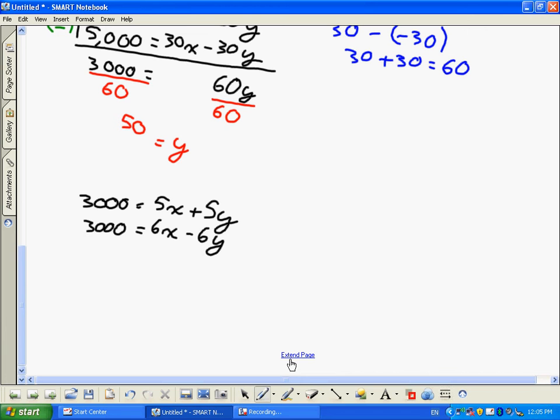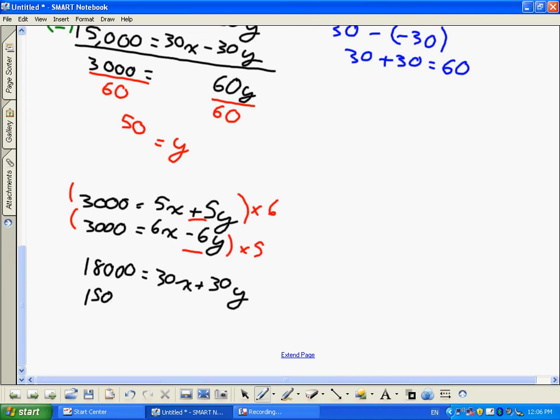We'll still get a coefficient in front of the y of 30. So once again, we multiply both equations by the same numbers. This one we're going to multiply by 6, this one by 5. Our new equations, which we already know from above, will be 18,000 equals 30x plus 30y, 15,000 equals 30x minus 30y. So we have the exact same equations.